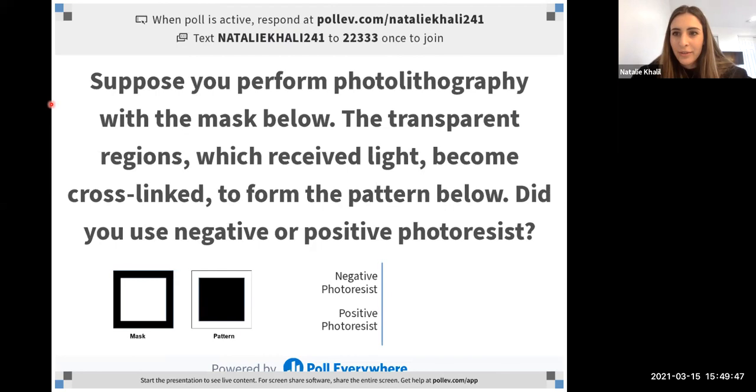It looks like we're kind of stuck at 23, 24 responses. If you don't know, maybe just guess and we'll discuss the answer together in a few seconds.